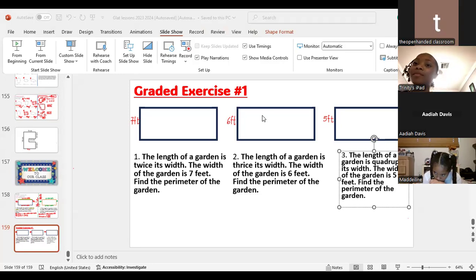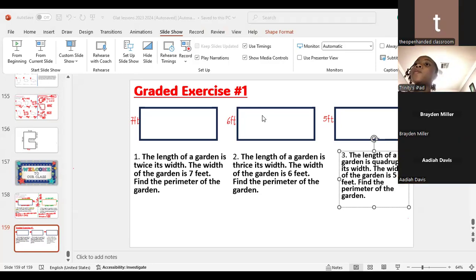Excuse me, Mr. Petit. Go ahead. I can't send a picture right now. Why is that? My dad is doing something. Are you done with the first three though? Yes, sir. Okay, good. So that means that everyone is finished with the first three. I can put the second one on the screen. Let me know if you have... Yes, sir.